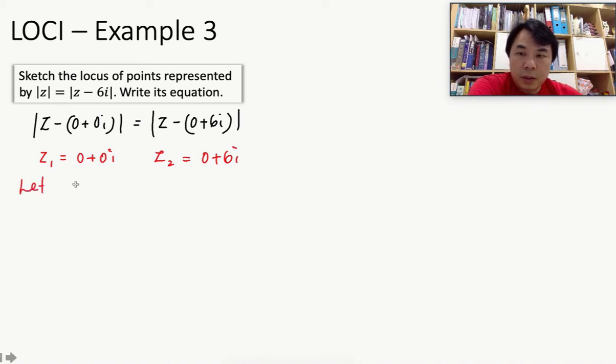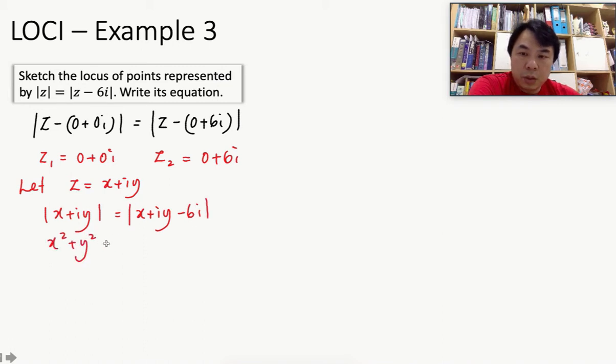So we will let z be x plus iy, z equal to x plus iy. So that will be x plus iy, and then that will give me x squared here, and then this part will be x minus 6 square plus y square.